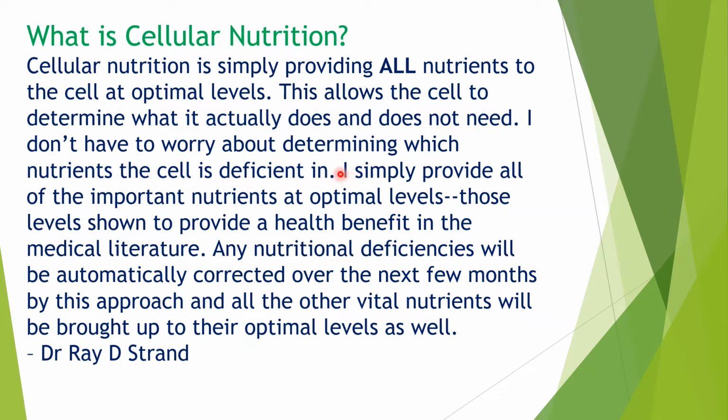In our scriptures, it is written that our body has the intelligence to heal itself, and it can heal only if you provide all the nutrients which it needs. So he says that I simply provide all of the nutrients at optimal levels, those levels shown to provide a health benefit in the medical literature. And any nutritional deficiencies will be automatically corrected over the next few months by this approach.